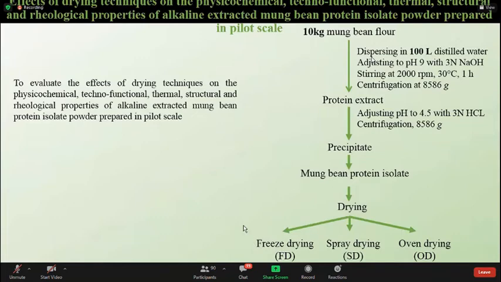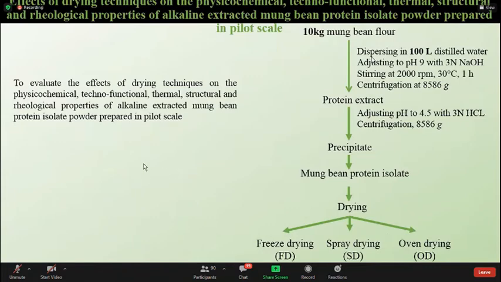If we want to turn it into other products, we have to look at the properties of the protein after freeze drying, because normally freeze drying gives superior quality compared to spray drying and oven drying in terms of techno-functional properties.